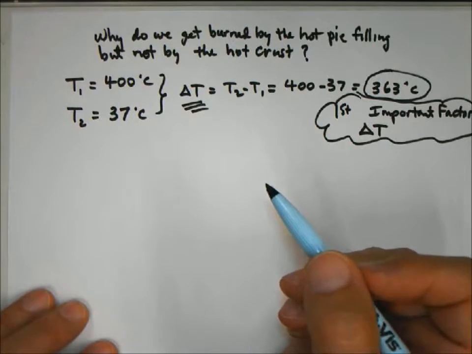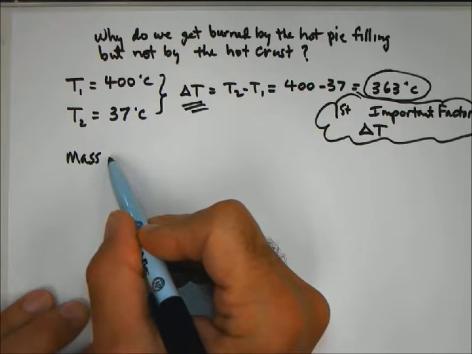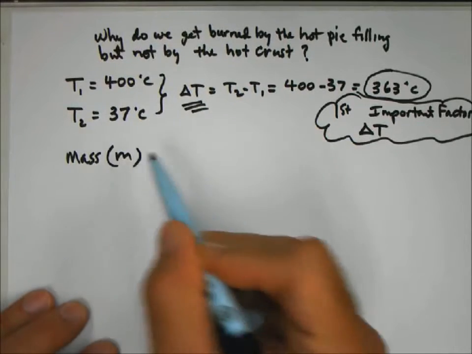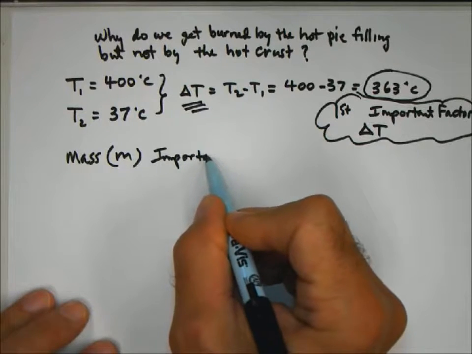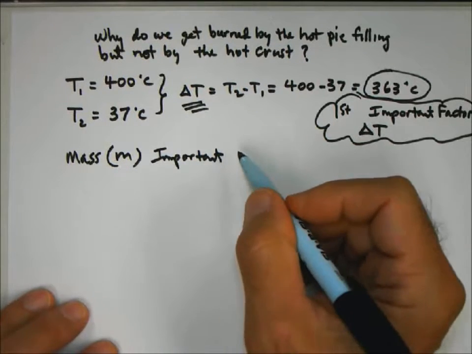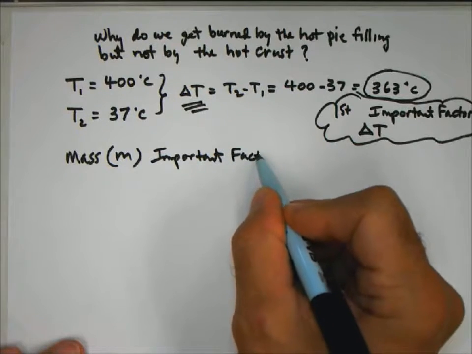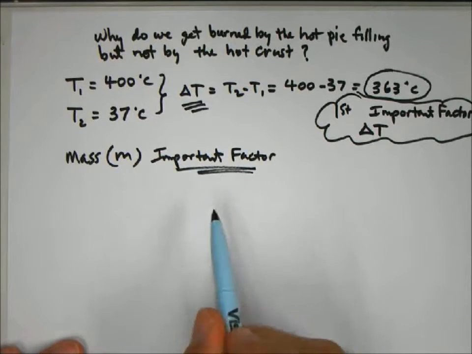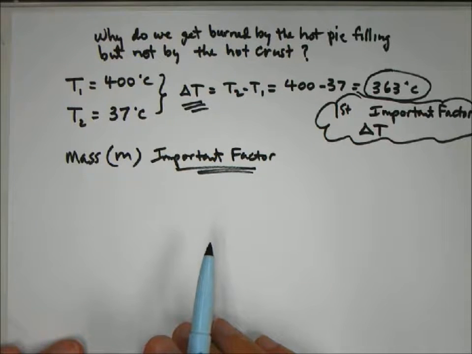Okay, mass, symbolized by this M. That's an important factor, right? Important factor, because the more massive the pie filling, the more we get burned, huh? So that's an important factor. Mass. Probably don't have as much mass of pie crust compared to the hot filling, huh?